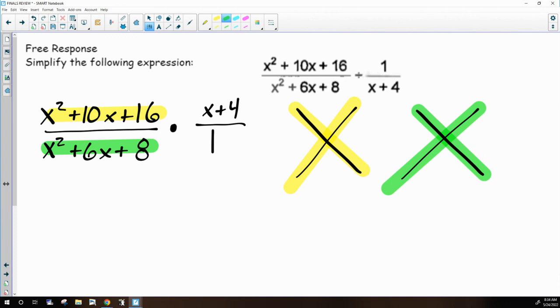Okay, what goes in my yellow X method, my first one? 16 on top. 1 times 16 is 16. On the bottom, 10. 2 numbers that multiply to 16 add up to 10.